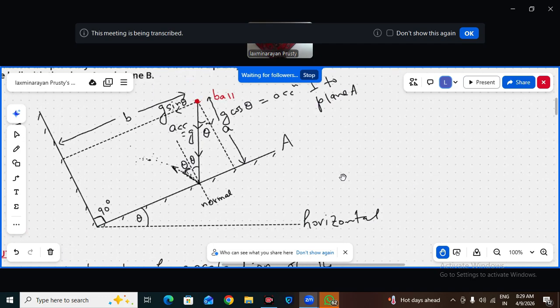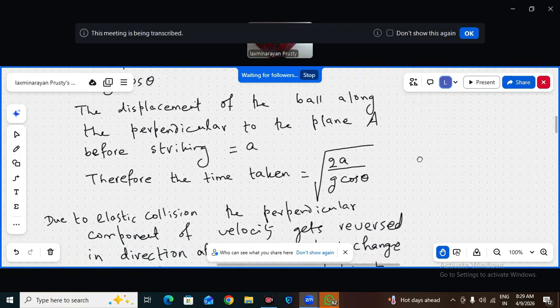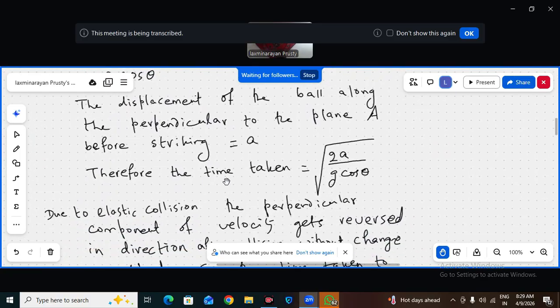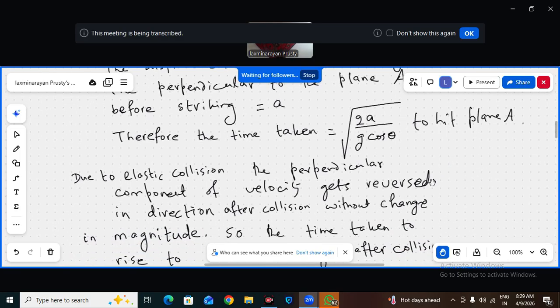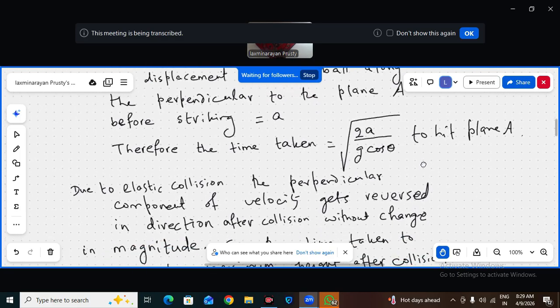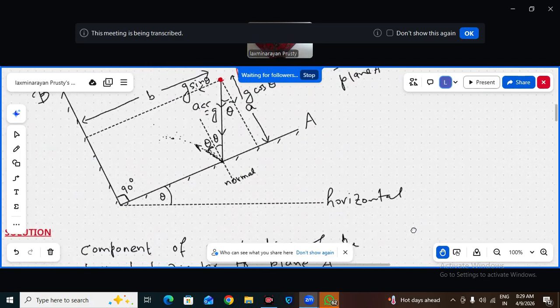So half g cos theta into t squared will be A. The time taken is root of 2A by g cos theta to hit the plane A. Due to the elastic collision, the perpendicular component of velocity gets reversed.